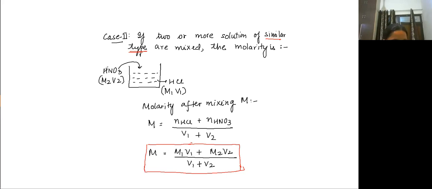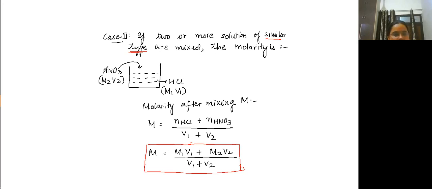Copy this. If this is done, let me know. If 3 are mixed, it will be M1V1 plus M2V2 plus M3V3 divided by V1 plus V2 plus V3.